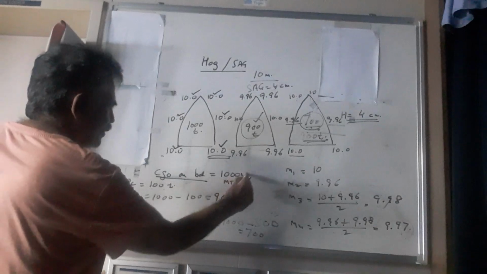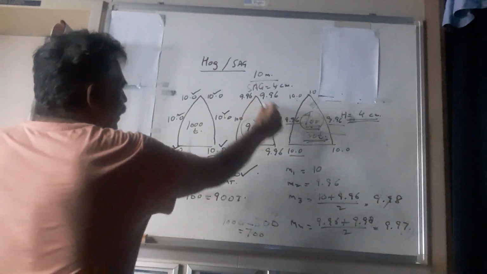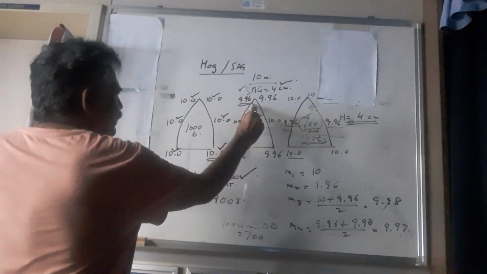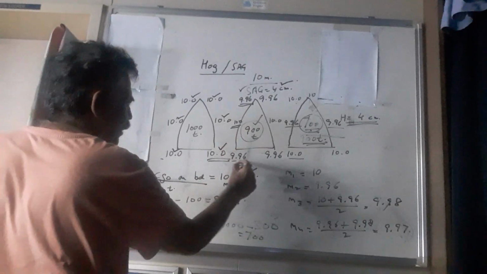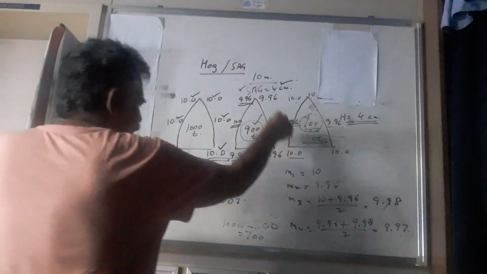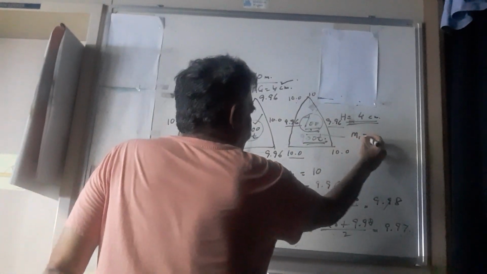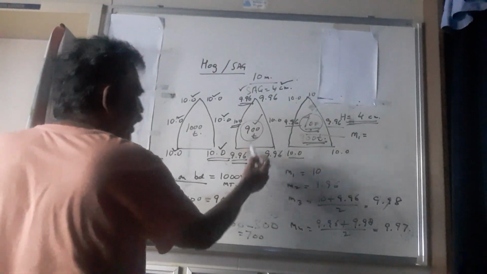Let's say 1000 tons. Now the other sister vessel, let's say it is sagging by 4 centimeters. Forward draft 9.96, midship 10 and aft 9.96. Now in this vessel, M1 would be average of forward and aft draft, which will be 9.96.